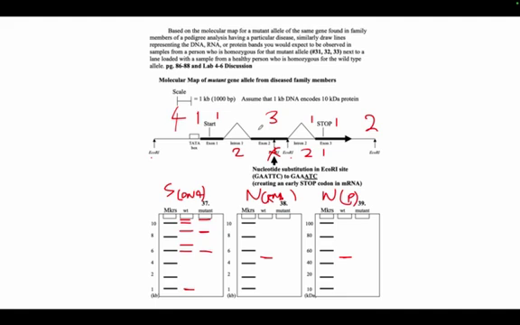Now, obviously, since we've created an early stop codon, the size of the mRNA will also change. So instead of stopping here, the mRNA will stop here. Okay. So now the question is, what is the length of the new mRNA transcript that is produced from this mutant allele?